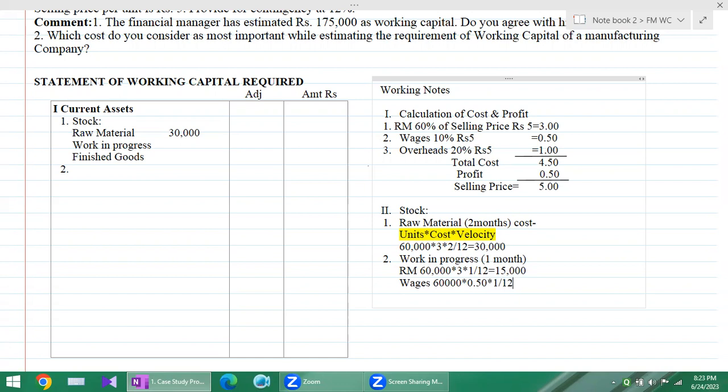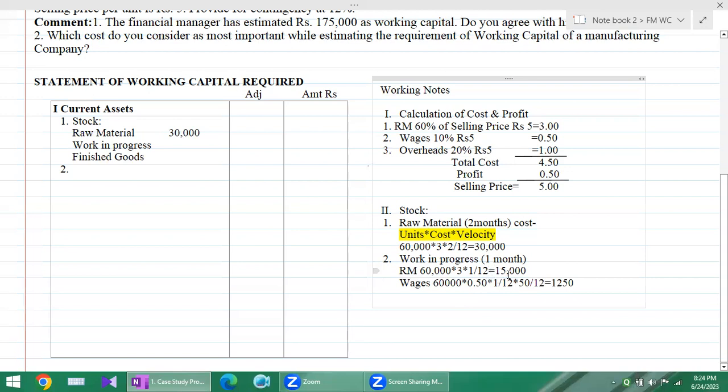Whatever the answer we get, again it is 50 paisa. That is 50% of this will be, 50% is nothing but 50 divided by 12. How much do we derive? 1,250. I hope all of you are understanding this.